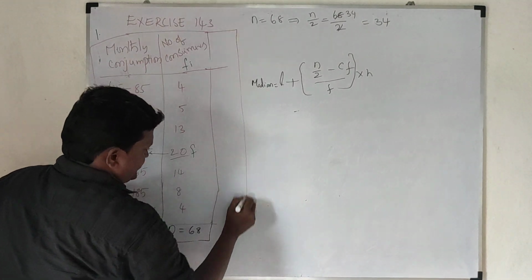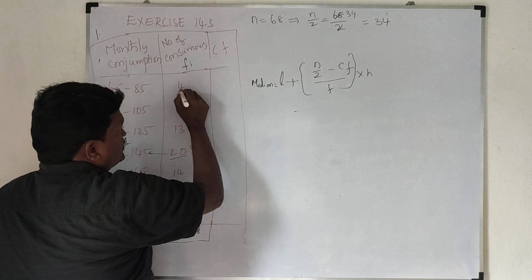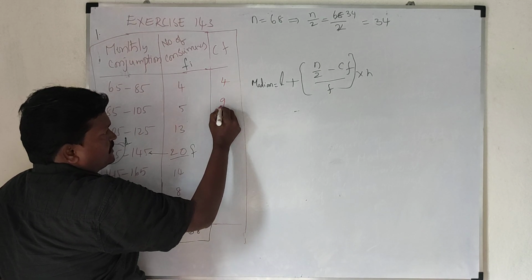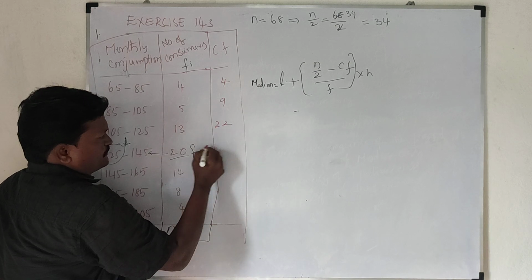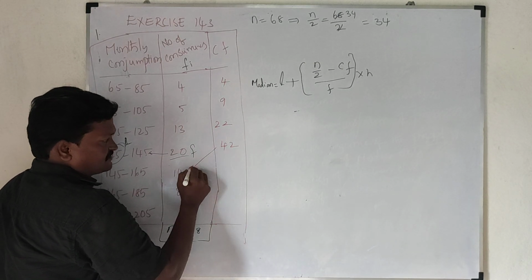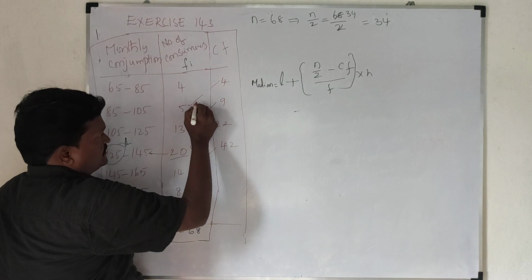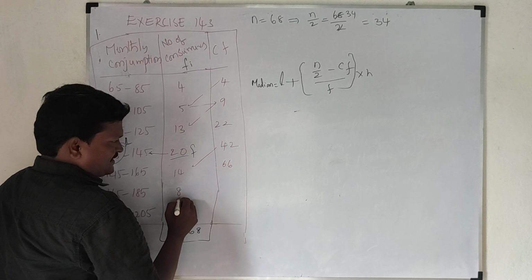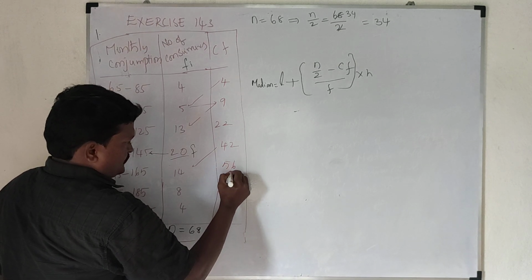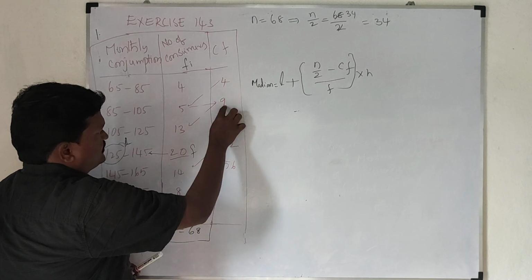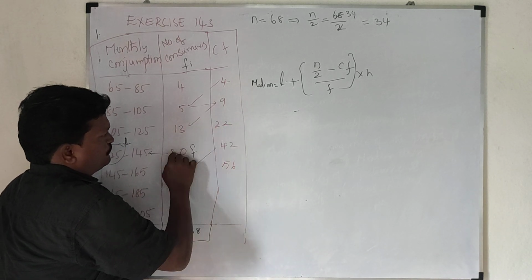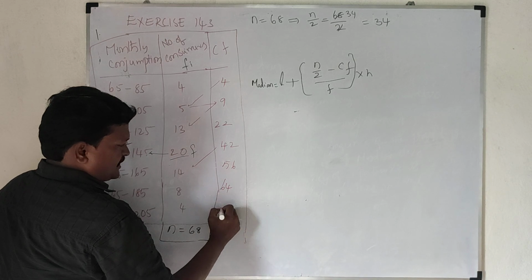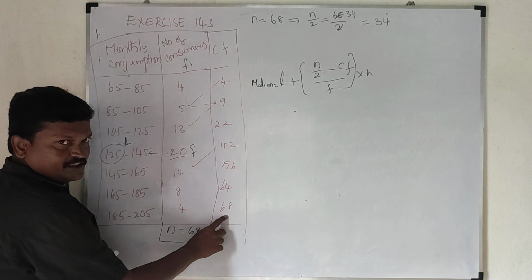First write 4, then 4 plus 5 is 9. 9 plus 13 is 22. 22 plus 20 is 42. 42 plus 14 is 56. 56 plus 8 is 64. 64 plus 4 is 68. See, here we got 68.